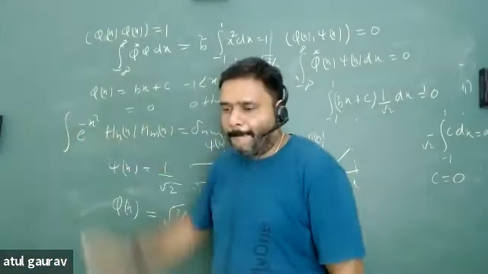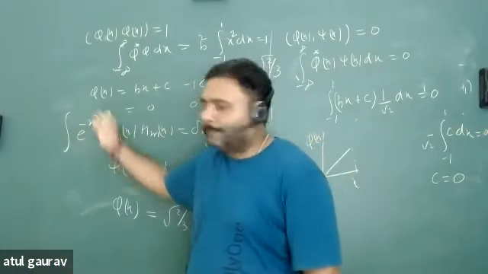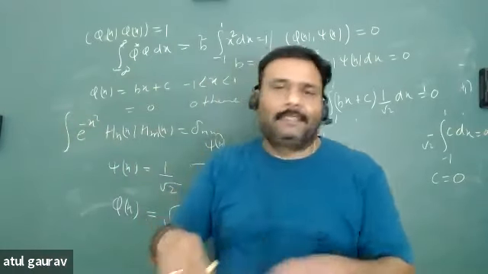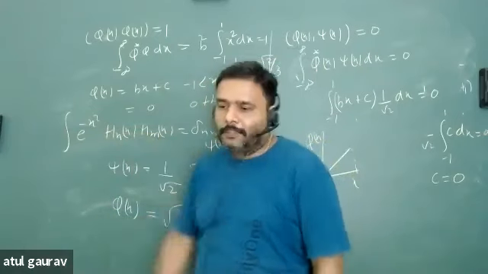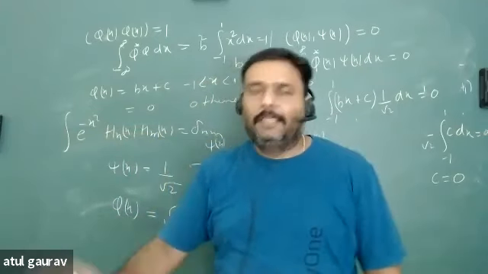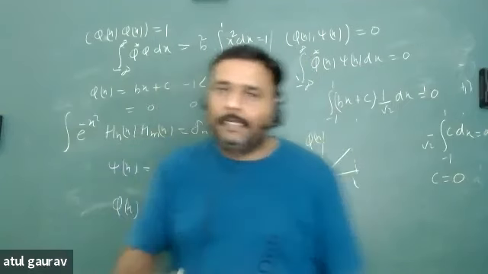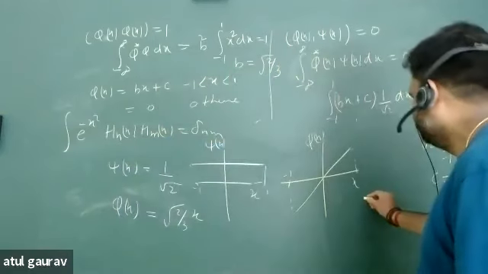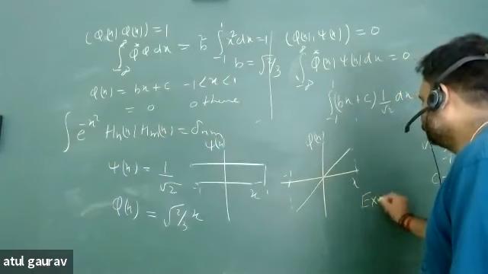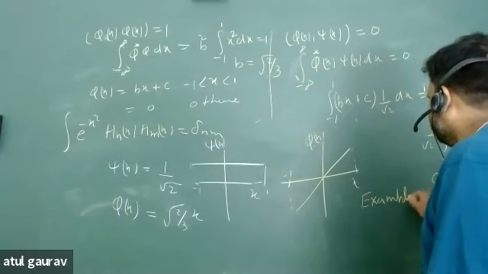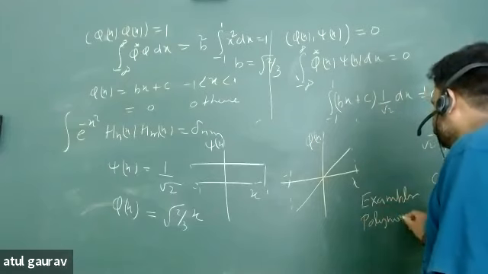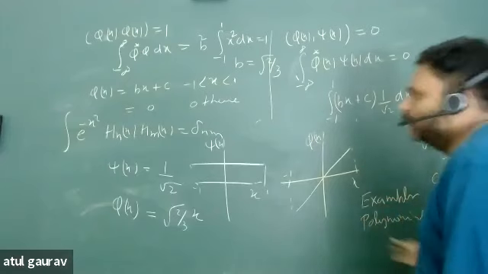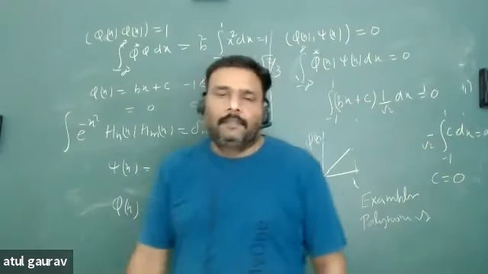So this is the weight function, and we will also introduce this weight function in our quantum mechanics. Anyway, that is a different issue. So what are the examples of Hilbert space? Polynomials with their weight function, obviously.